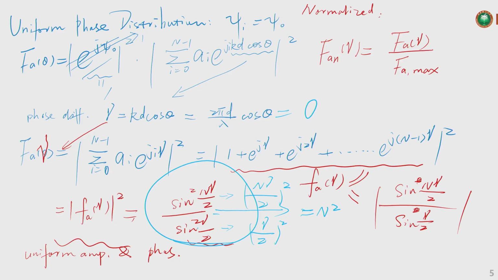Which means finally, the maximum is the addition of all the elements, just an algebraic addition of all of them. So the maximum, the normalization factor, is N squared.